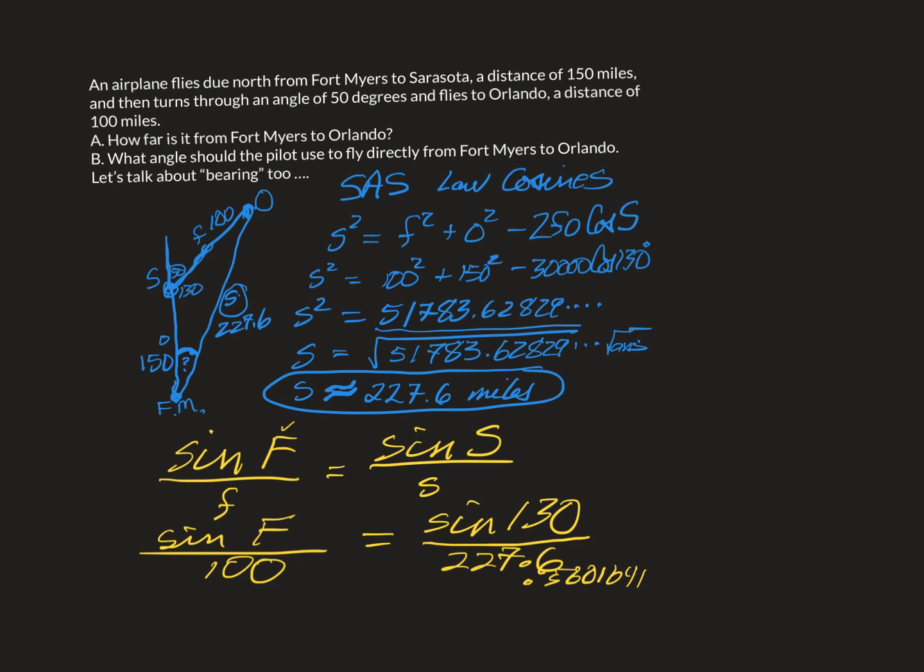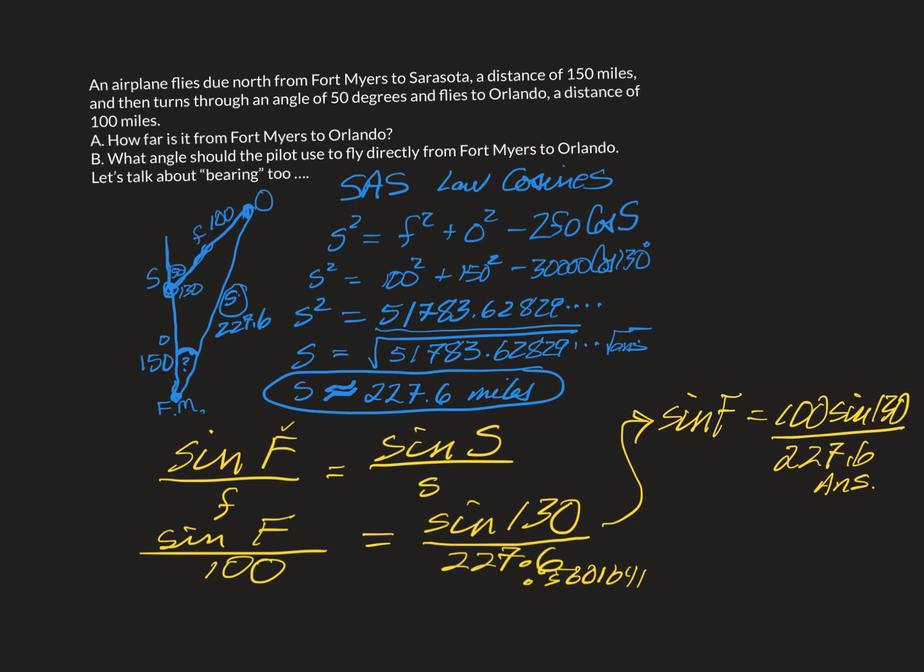We will cross multiply and divide, and here's what we'll end up with. We'll end up with the sine of f is equal to 100 sine 130 over the 227.6. Again, that's going to be answer on my calculator.